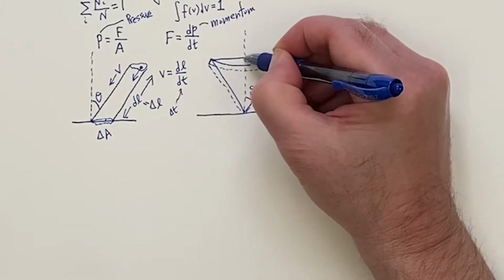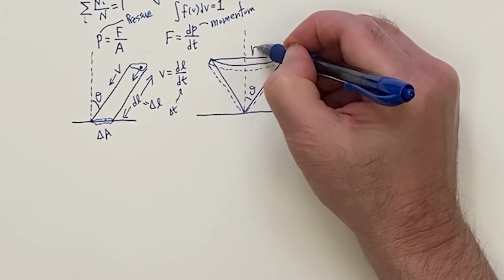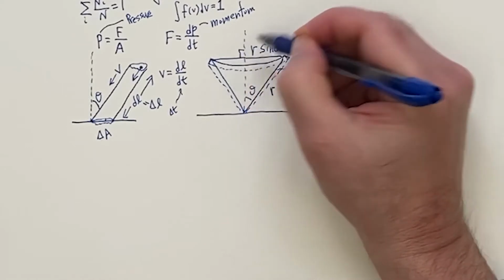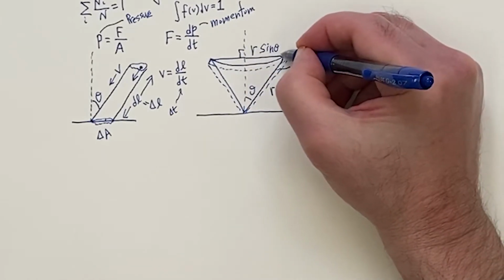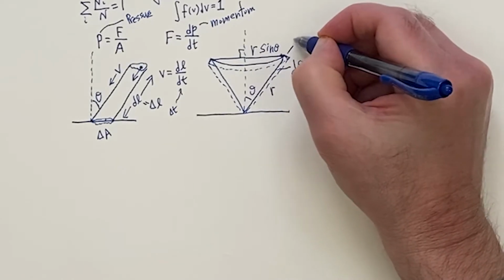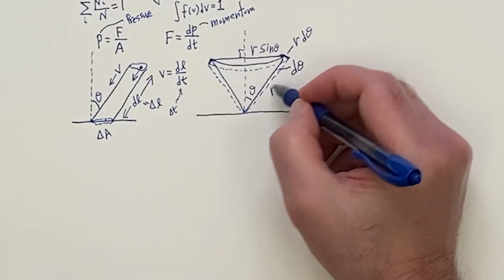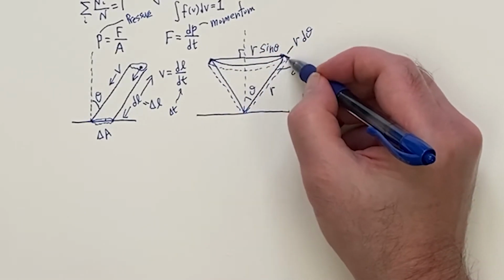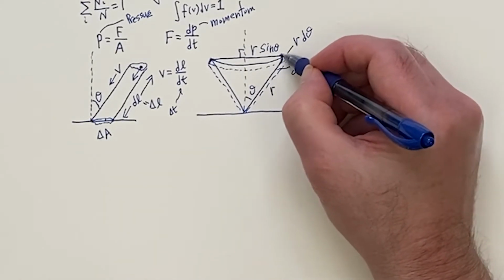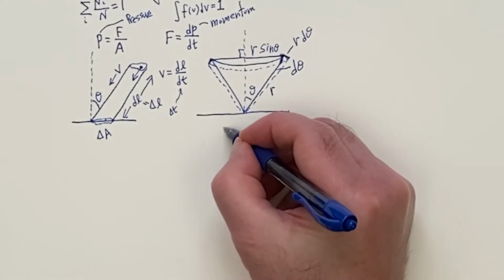You can put a radius here. This is going to be R sine of theta, the right angle there. And this little thing here is R d theta. You basically take R and do a little d theta in there, and then you get this little arc length.